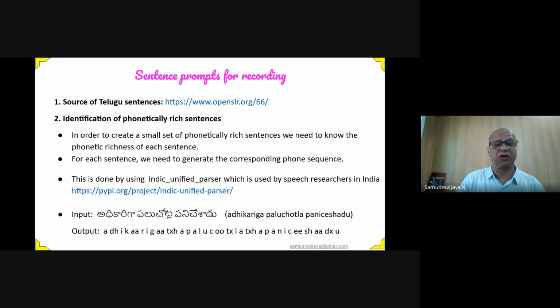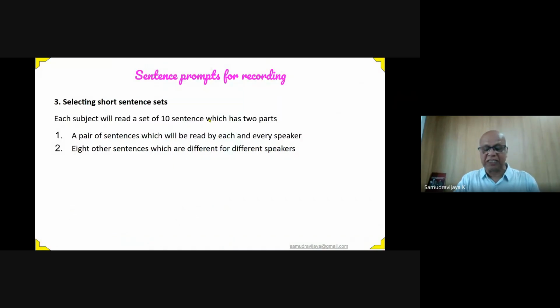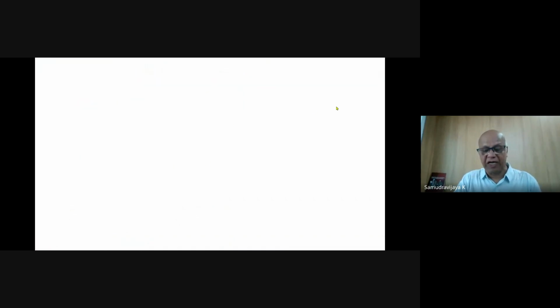This is part of a previous government project. So when this unified parser is fed with a sentence of Telugu words, it generates the corresponding phone sequences. Now you see that some phones have occurred repeatedly. For example, vowel A has occurred several times.